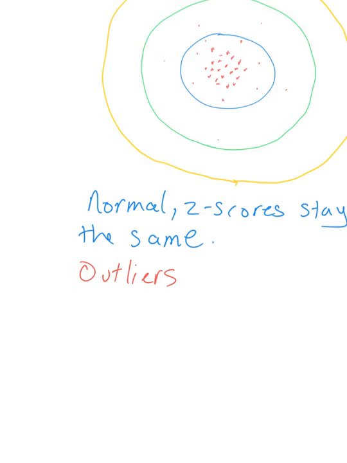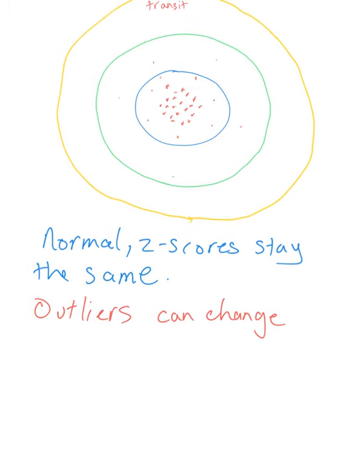In some cases, some outliers can change what your R score is, and it could drastically make it look different. So outliers are something that you have to be careful of, and understand that there are potential outliers.